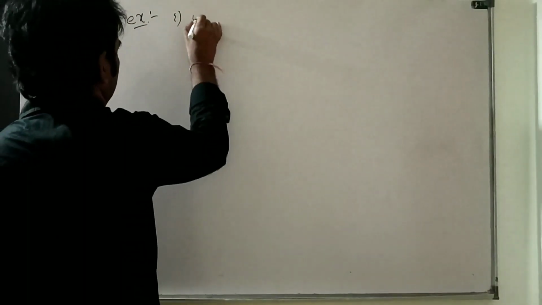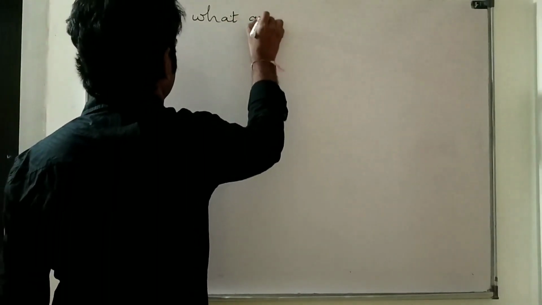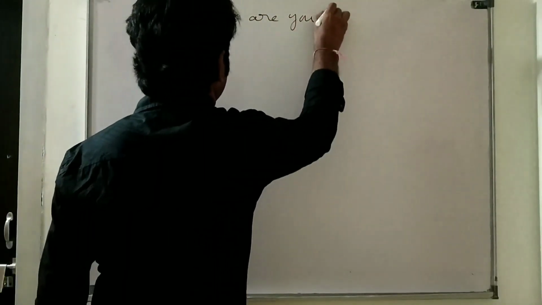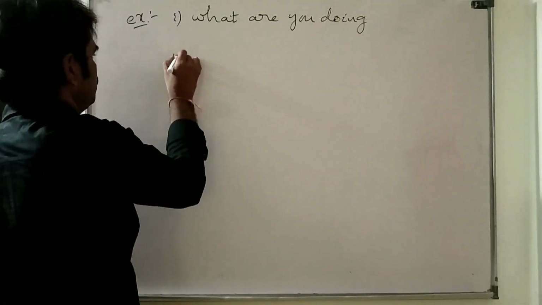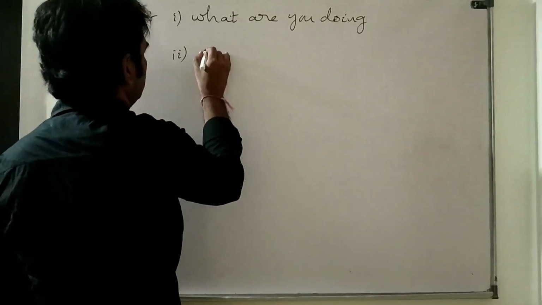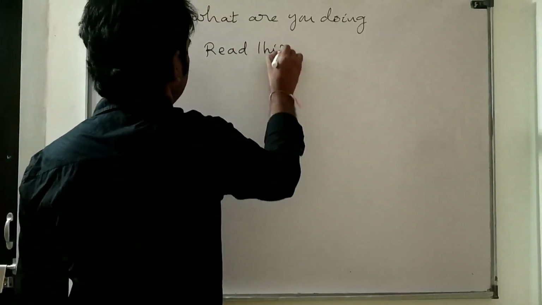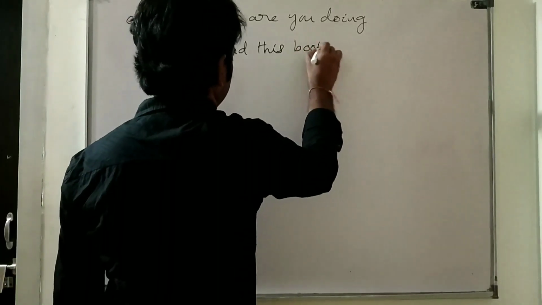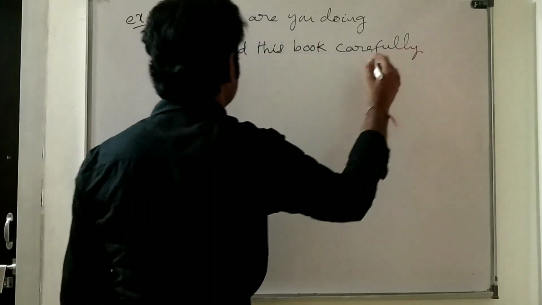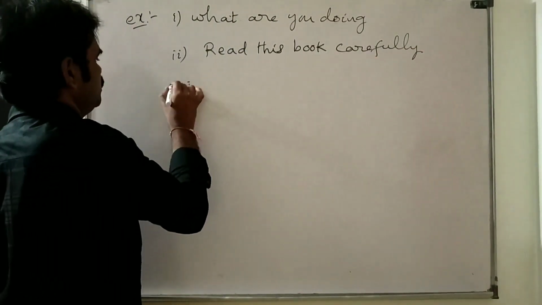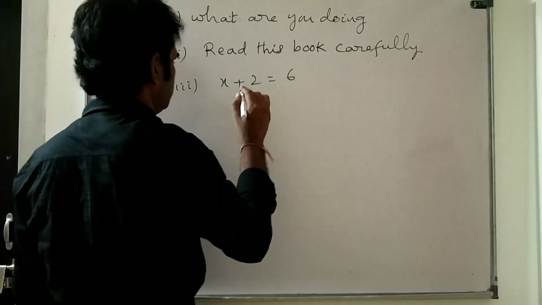Next example. First one, what are we doing? Second one, read this book carefully. Third one, x plus 2 equal to 6.